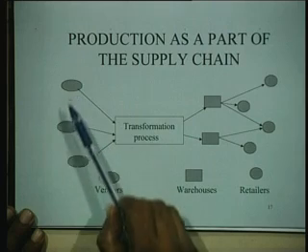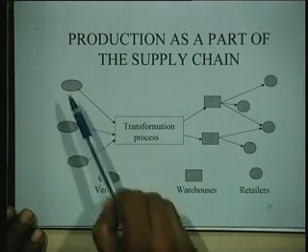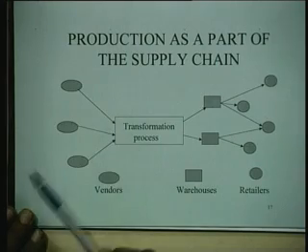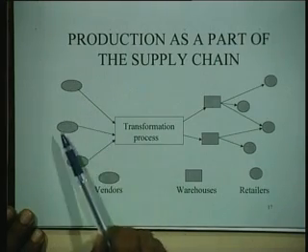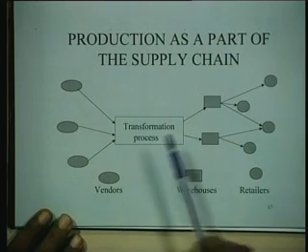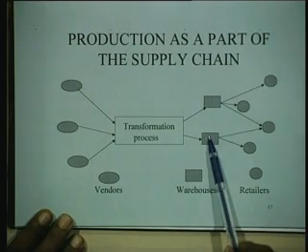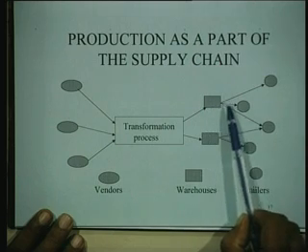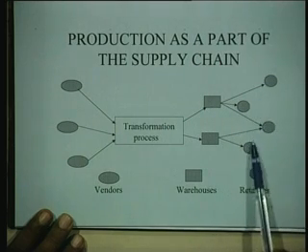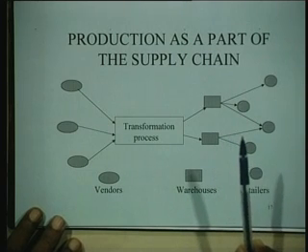There are a large number of vendors who are supplying materials, so they are also like limbs of the manufacturing organization. Similarly, there could be a number of warehouses where you are stocking these items, and from these warehouses you would be shipping your product to different retailers from where the customer is actually taking the product.